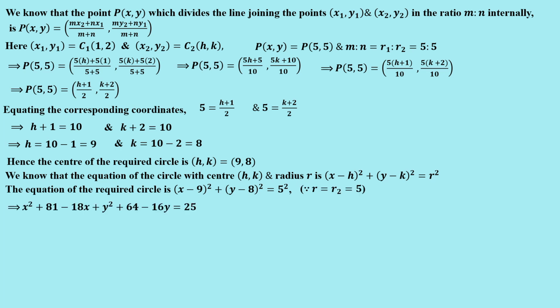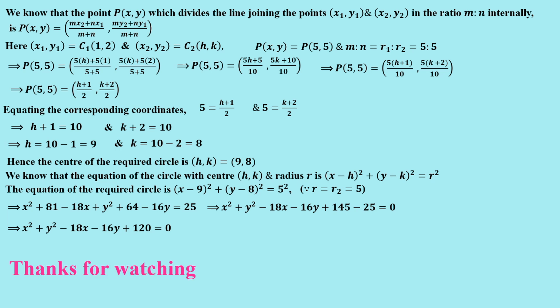So using the (a minus b) whole square formula, x square plus 81 minus 18x plus y square plus 64 minus 16y equal to 25. That implies x square plus y square minus 18x minus 16y plus 145 minus 25, that is equal to x square plus y square minus 18x minus 16y plus 120 equal to 0, which is the required equation of the circle.